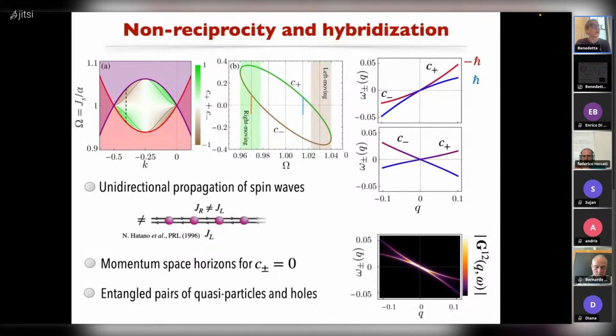Well, in the sense there will be non-reciprocity, right? So if I have a finite size system and I start injecting, and the system is non-reciprocal, yeah, eventually I will see some accumulation.